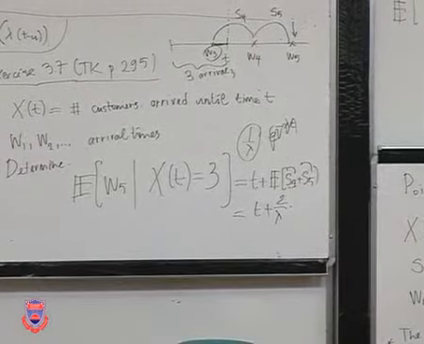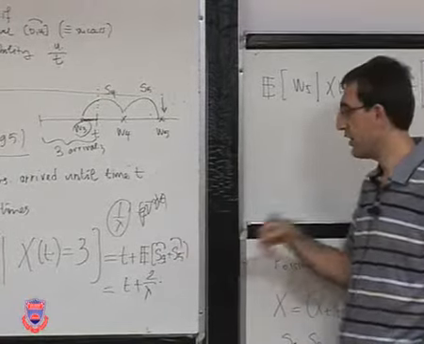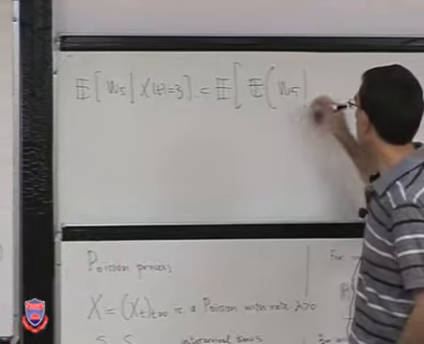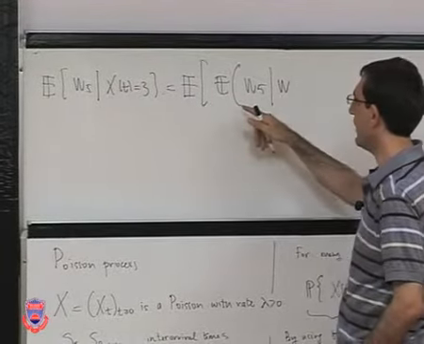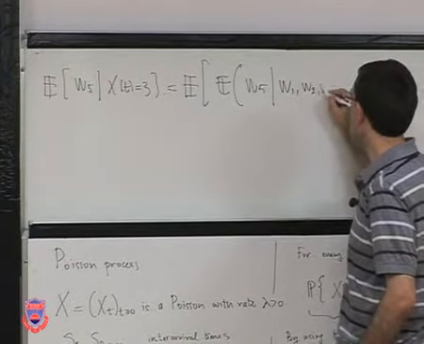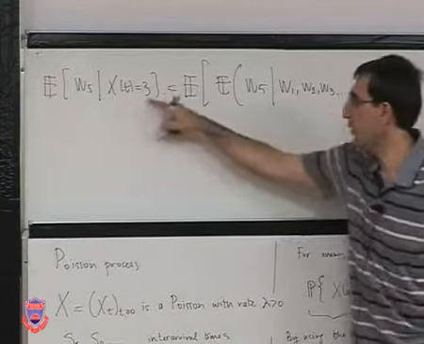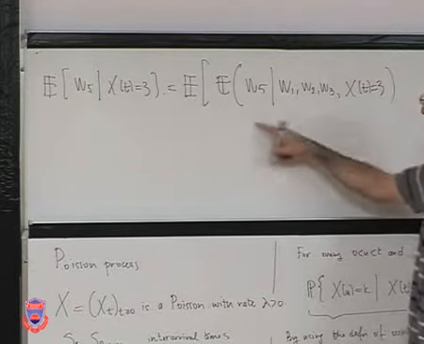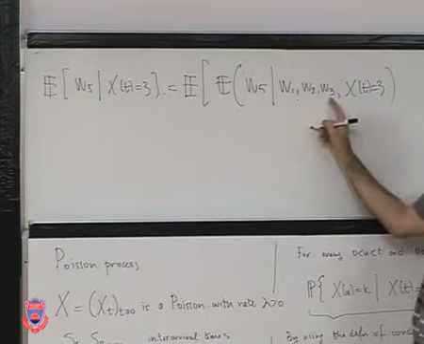Okay. Any other questions about this or corrections, comments? So we can use this property of conditional expectation, which says that you can give yourselves as much information as you want, in addition to what you already know, and you're allowed to do whatever calculation you think is easier with this additional information.